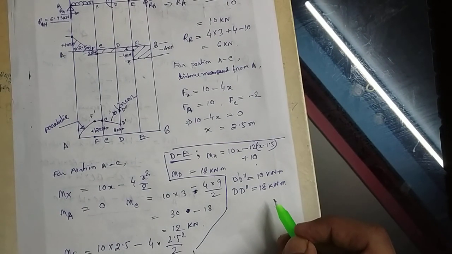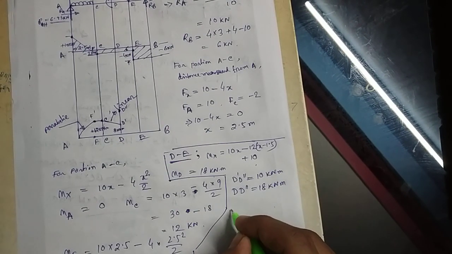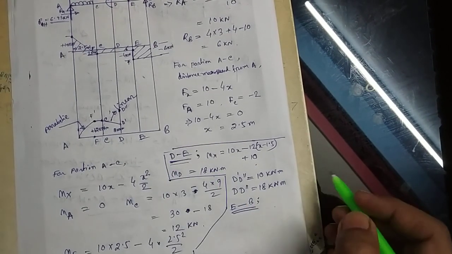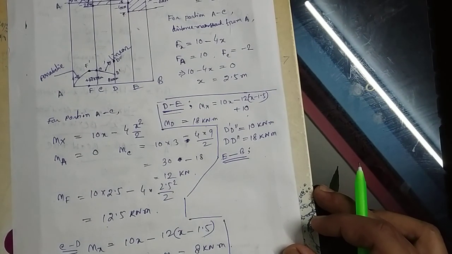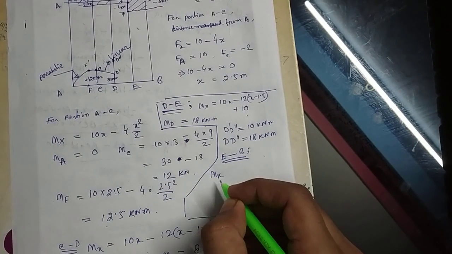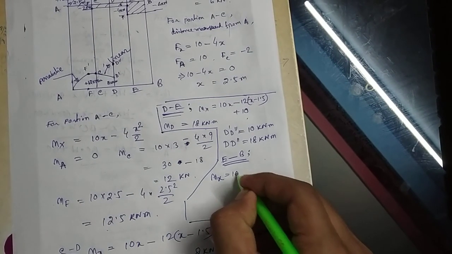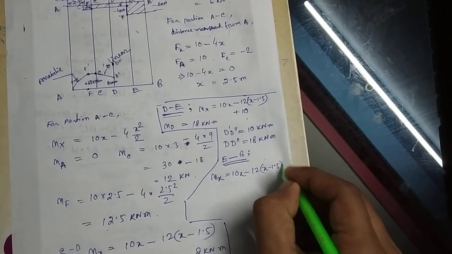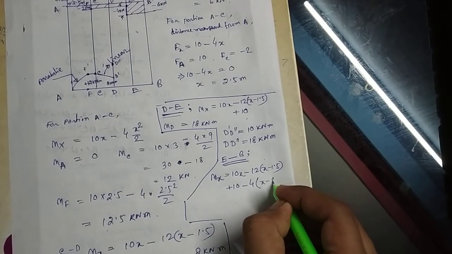Okay, now for the portion E to B, if a section XX is taken at a distance x from A, then Mx will be equal to 10x minus 12 into x minus 1.5 plus 10 minus 4 into x minus 8.